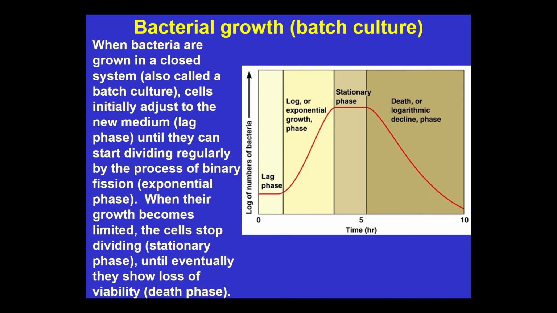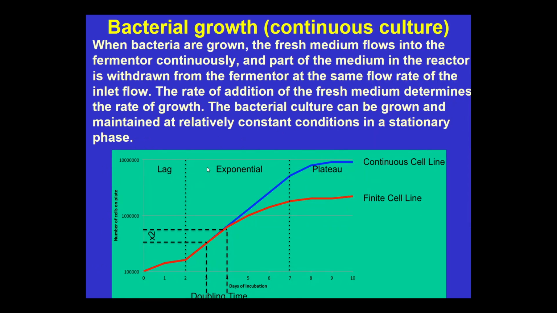Then the next one is the continuous culture. When bacteria are grown, fresh medium flows into the fermenter continuously, and part of the medium in the reactor is withdrawn from the fermenter at the same flow rate as the inlet flow.